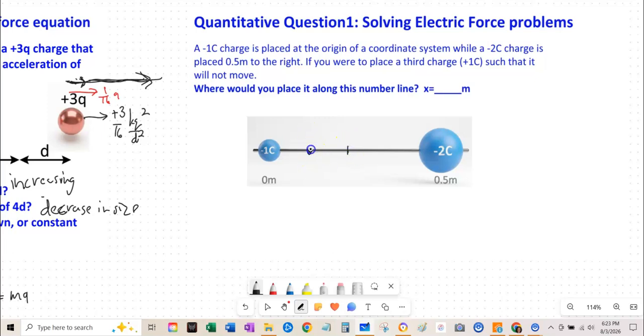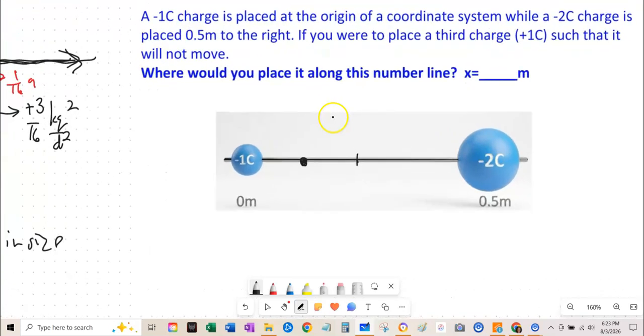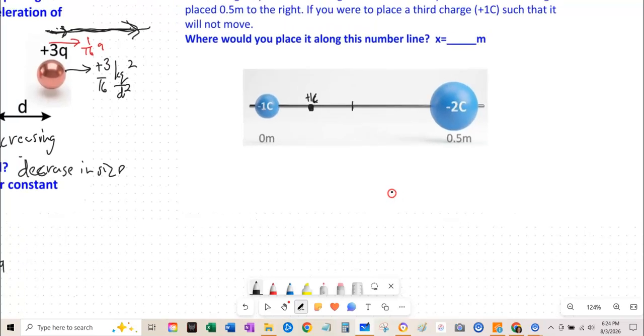Okay? Now, what we had learned on conceptual question number 7 is if this is the midpoint, we want to actually put it right here. We want to put our +1 Coulomb charge right here. Okay. And that is because, and I'm going to draw a little force diagram.